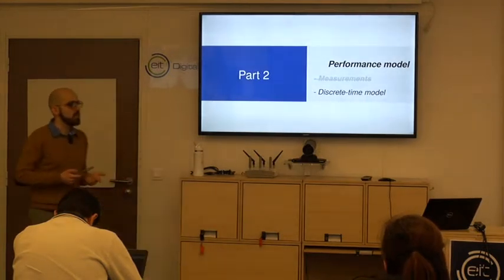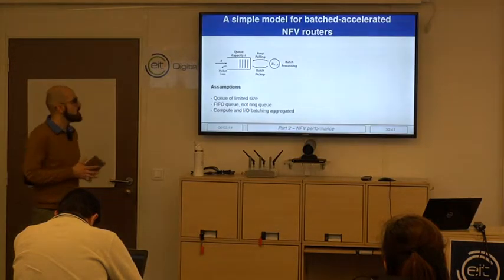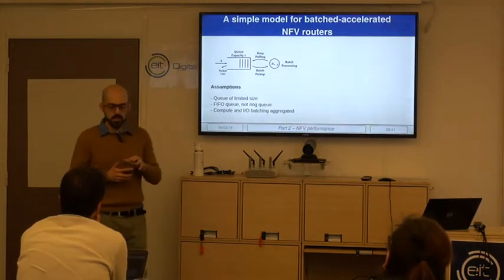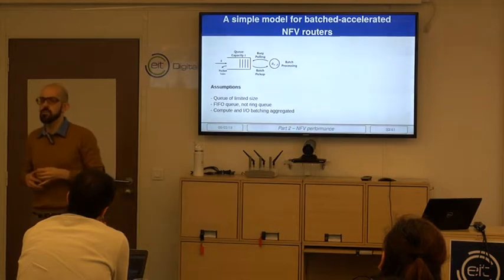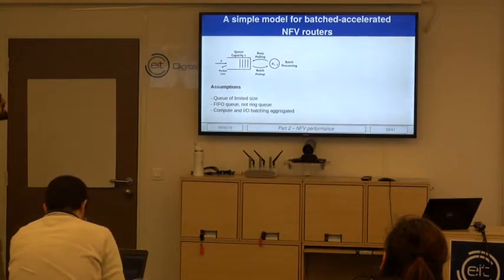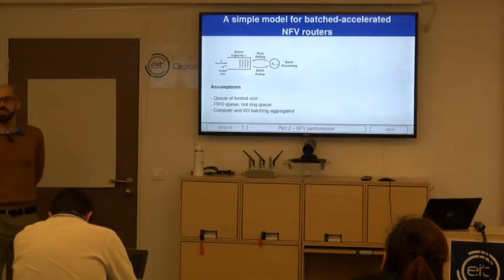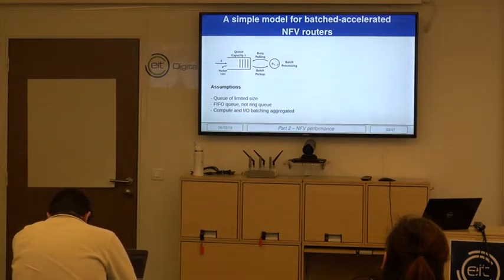So how do we model such a scenario? We decided to go for a very simple model. So we just consider a queue of capacity L. The capacity L is the maximum queue size that is allowed at the NIC, the network interface card.